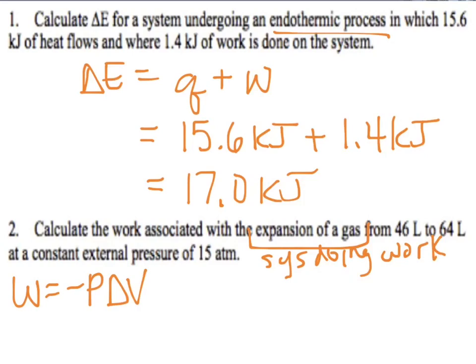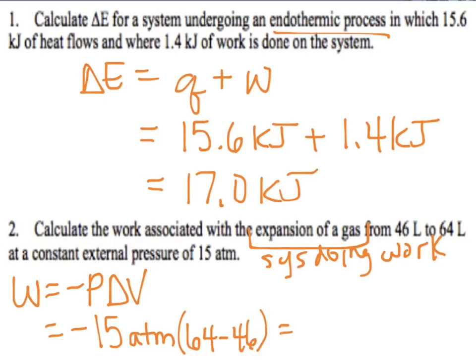All right, so negative, our pressure is 15. And our delta V is going to be 64 minus 46. And that gives us an answer of what for our work? Negative 270, and our unit is liters times atmospheres, latums.